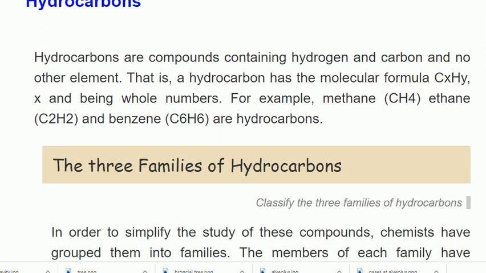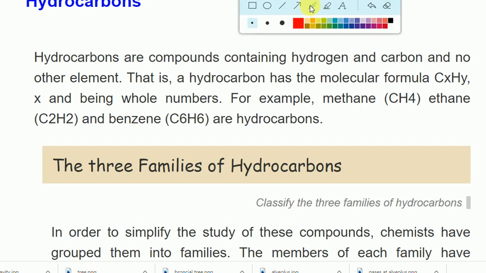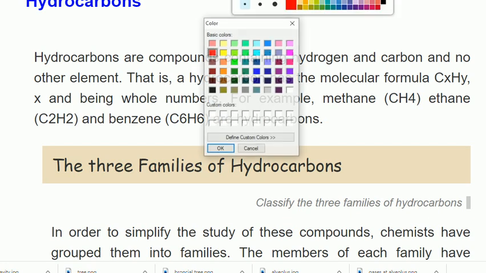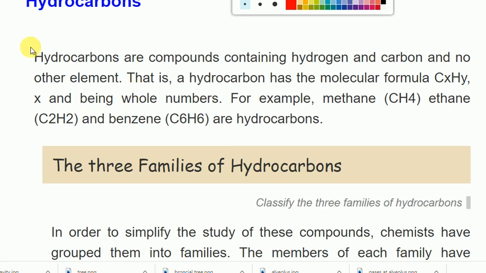So first let's discuss what hydrocarbons are and what we mean when we talk about hydrocarbons. By definition, hydrocarbons are compounds composed of hydrogen and carbon only.